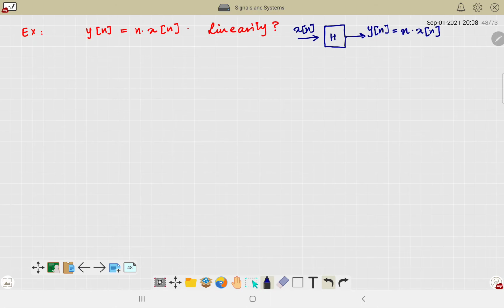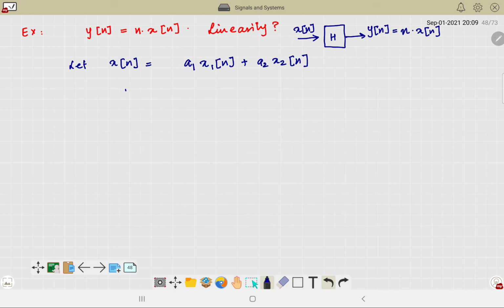So I have to define an input. Let us define input x of n as a linear combination of two inputs, a1 x1(n) plus a2 x2(n).